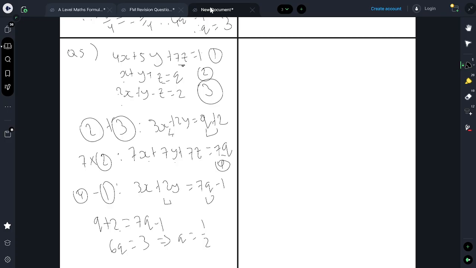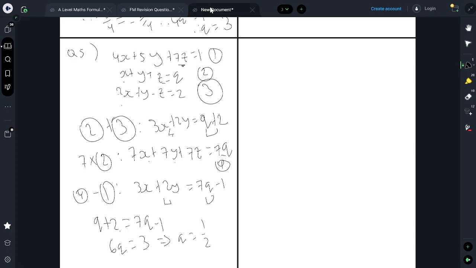And q has to be a half then to ensure there are infinite solutions, because that means that we have equivalent equations, right? It doesn't seem clear at first that the two are equivalent, but we can make them equivalent, okay? And the strategy is to eliminate a variable to make that more clear.